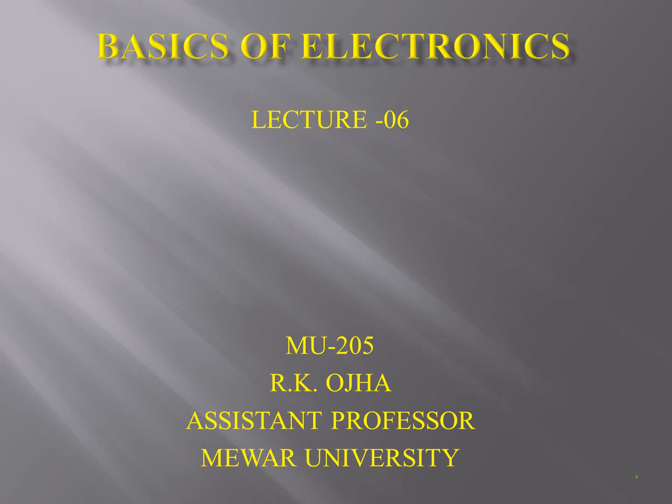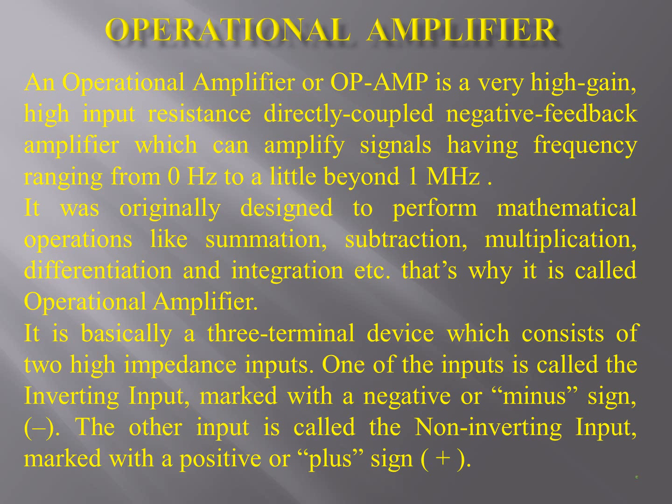In this video lecture, we are going to talk about basics of operational amplifier, and in upcoming videos, we will talk more about operational amplifier. An operational amplifier or op-amp is a very high gain, high input resistance and directly coupled negative feedback amplifier which can amplify signals having frequency ranging from 0 Hz to a little beyond 1 MHz.